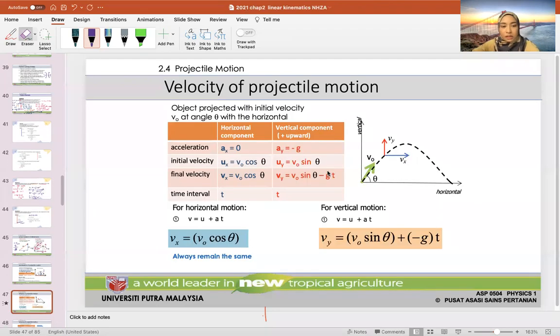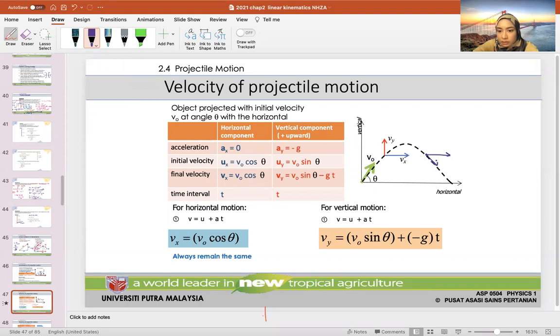Now we talk about the velocity of projectile motion. Like I mentioned before, we start with an initial velocity. At any point, I am able to resolve it into its components. Here, I want to know what my Vx and Vy are.